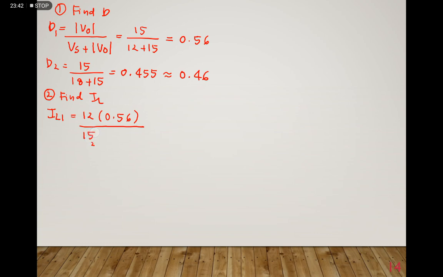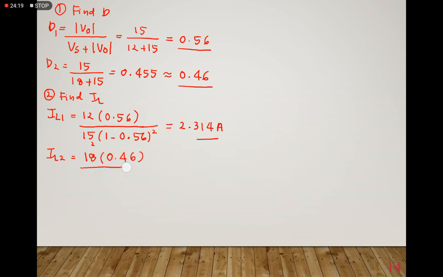You will get 2.314 A. And then for IL2, this is referring to duty cycle number 2, which is 0.46, and also referring to Vs equals 18.